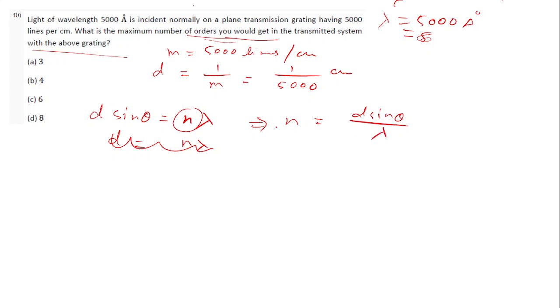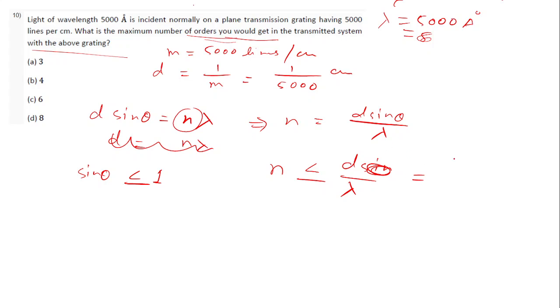Now for n to be maximum, sine theta should be maximum, d is constant, lambda is constant, and we know the maximum value of sine theta is 1. If it is 1, then the maximum value n can have is d over lambda.